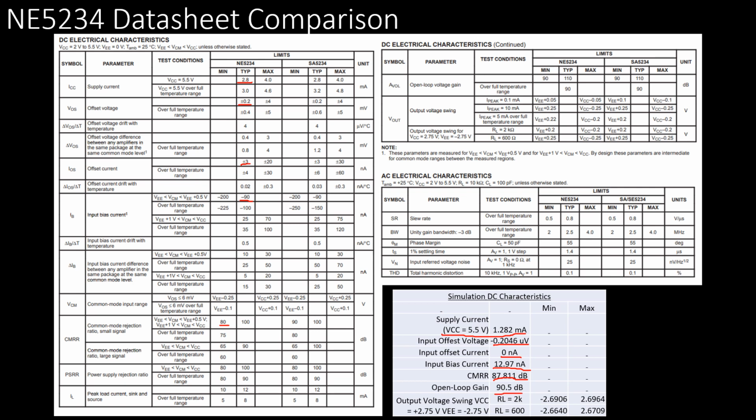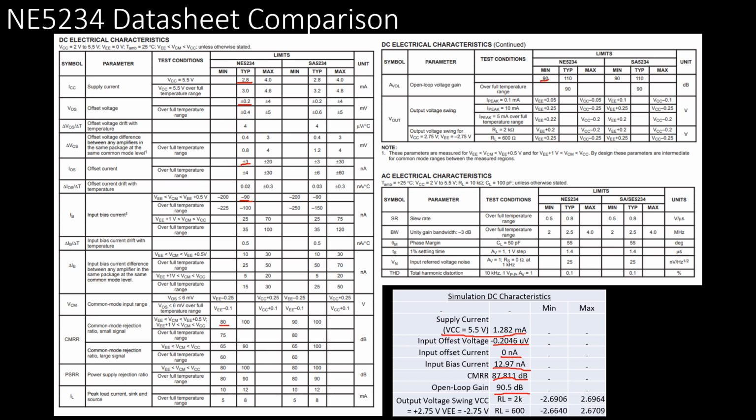The open loop gain was found to be about 90.5 dB using a 5-volt supply voltage. This was around the minimum and typical of the NE5234. The voltage swing was measured with both an RL of 2K ohms and 600 ohms.